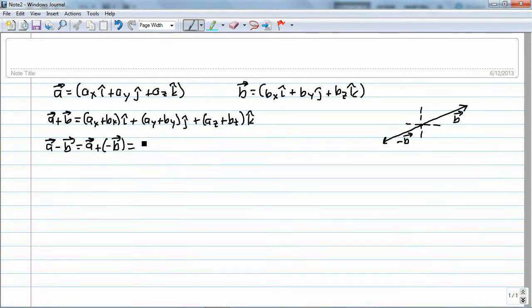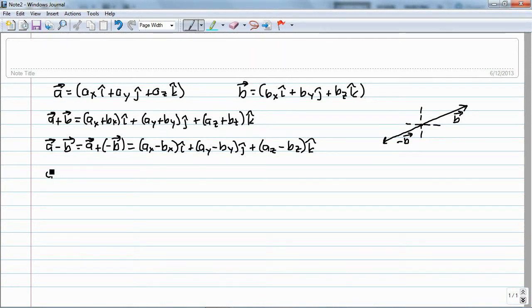So our resulting vector is going to be ax minus bx i hat plus ay minus by j hat plus az minus bz k hat, and that's our addition and subtraction. So let's define some numbers here.